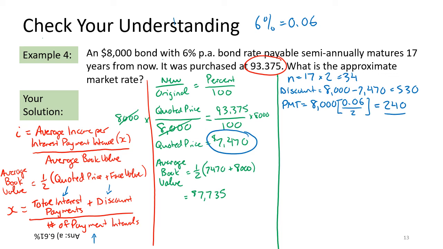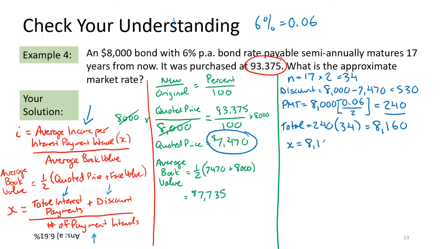And we are paid that 34 times over the entirety of the bond term. So that gives $8,160.